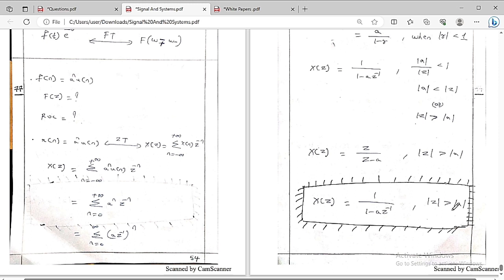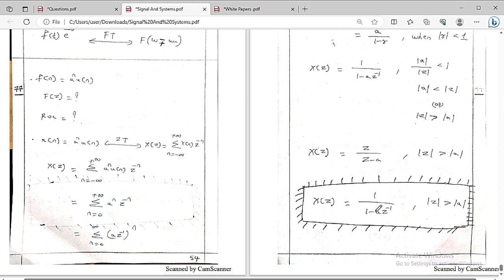Therefore, ROC means that if you substitute those values of Z in F of Z, you should get a finite value, like 0, like 1, like 2. If you get infinity, that is not under the ROC. So the ROC can include the zeros or not, but it will never include the poles. This is a very important thing, always keep it in mind.